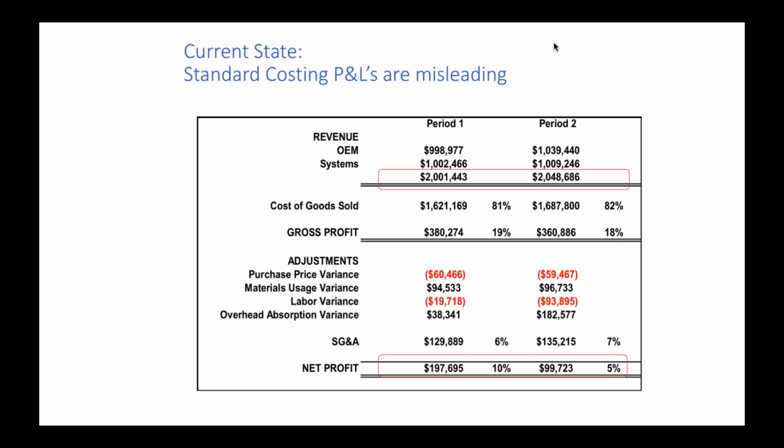Many of you have probably encountered this situation. And this is one of the more frustrating aspects of using a standard costing based income statement, the fact that the revenues and the costs and the margins don't always seem to line up. And then you throw in the variances, and you can see the different variances listed here under the adjustment section.